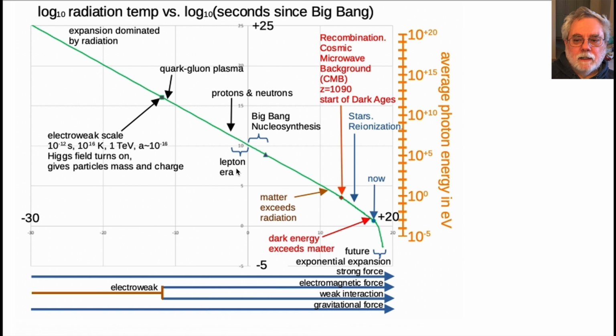Before 1 millisecond, muon-antimuon pairs ceased to be produced and annihilated. Around 1 second, neutrino-antineutrino pairs cease to be produced.